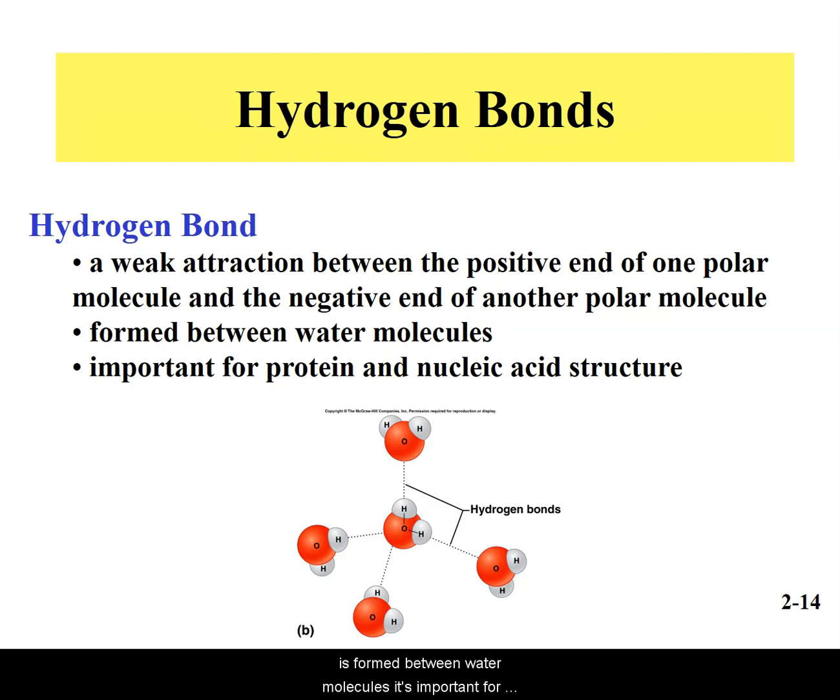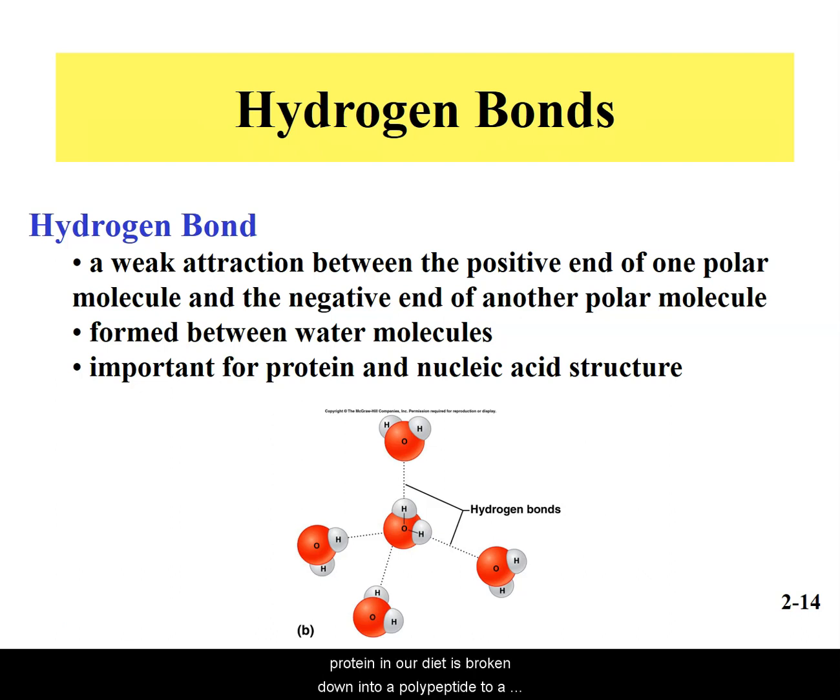It's important for protein and nucleic acid structures. And not just in water molecules, but in joining 2 amino acids together for a protein. They're bonded with the hydrogen atom, and those hydrogen bonds are easily broken.